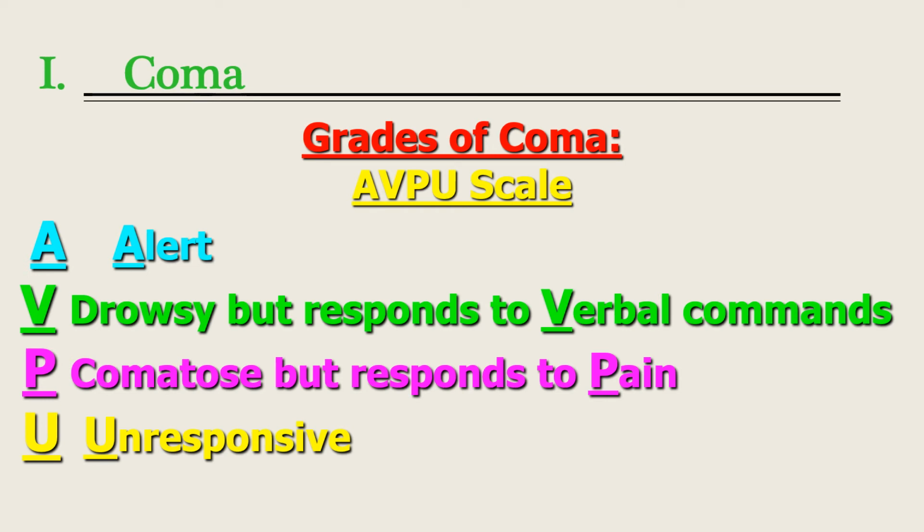So if the patient responds to all these questions, the patient, the people, the time, and the place, so he is alert. A. Okay, if you talk to the patient and the patient is not responding to you, and you start by raising your voice to make him respond, and he looks to your voice or makes certain movement, so the patient is responding to verbal command.